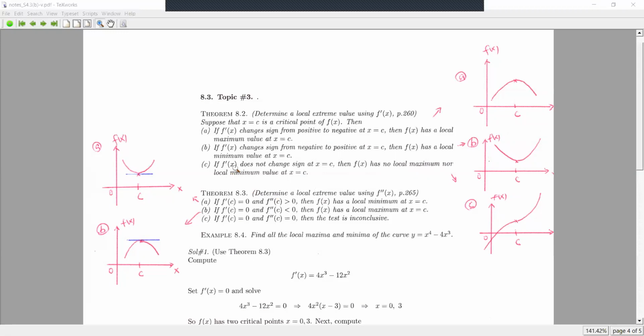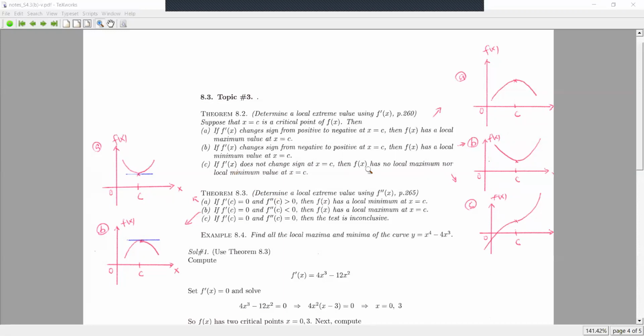Similarly, if the derivative on the left of the point C is negative, and on the right of the point C is also negative, it doesn't change sign, then the graph of the function will be decreasing on the left, and decreasing on the right.